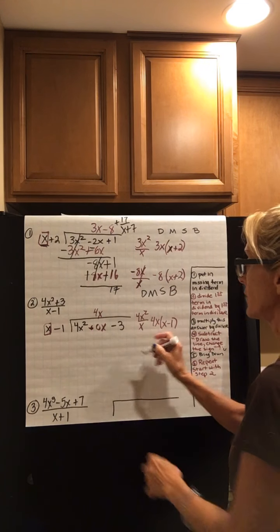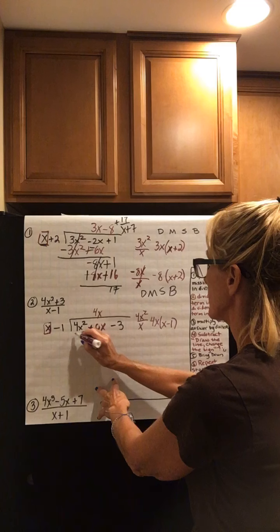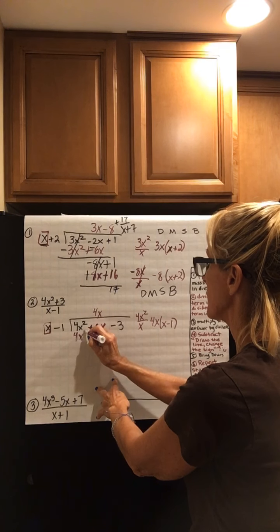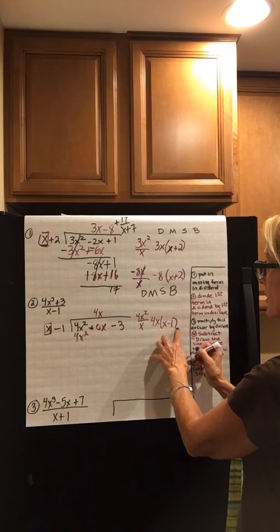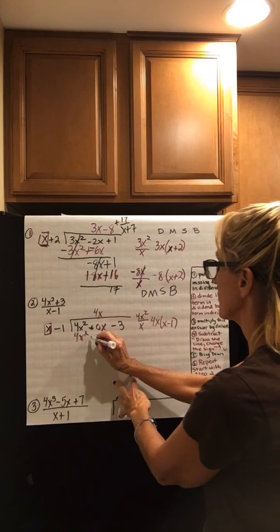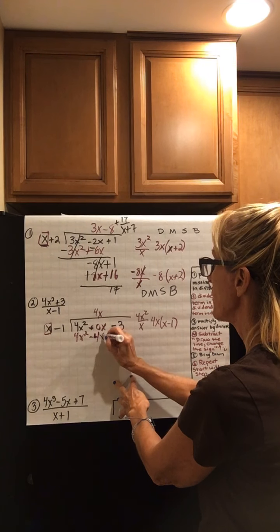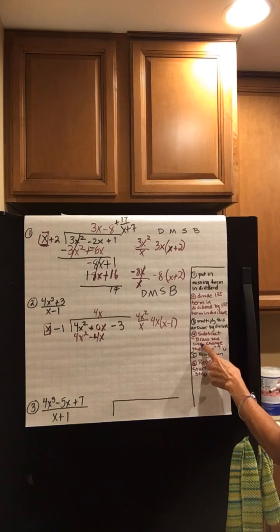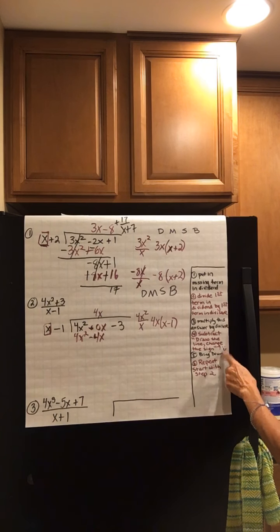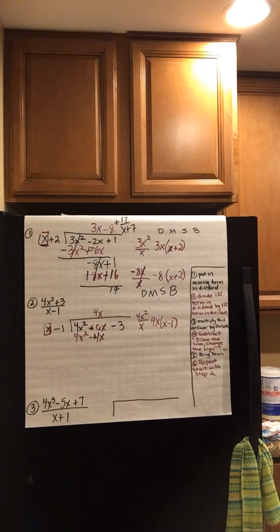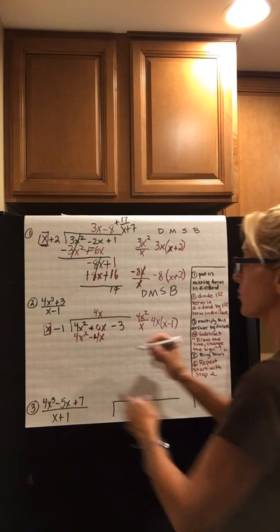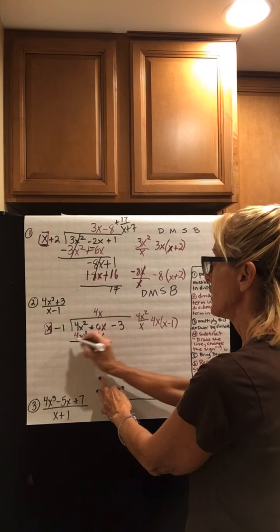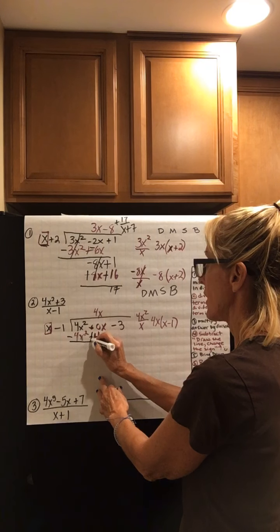So I get 4x squared, my pen's running out, of course, times negative 4x. And now the fun part. After I multiply, now I'm going to subtract, and I have it right here. Draw the line, change the signs, so that you don't forget that fun little saying. Draw the line, change the signs.